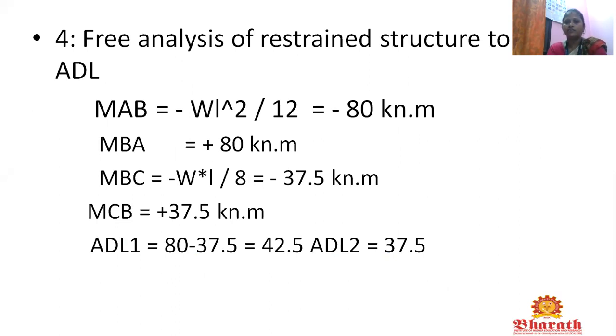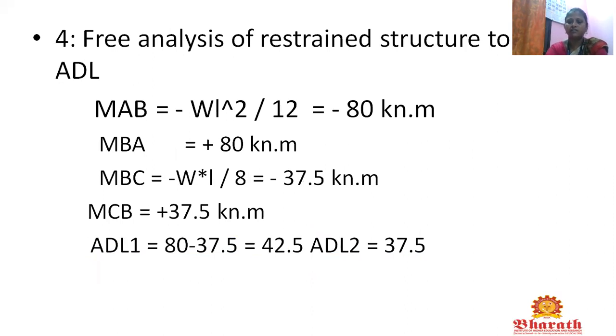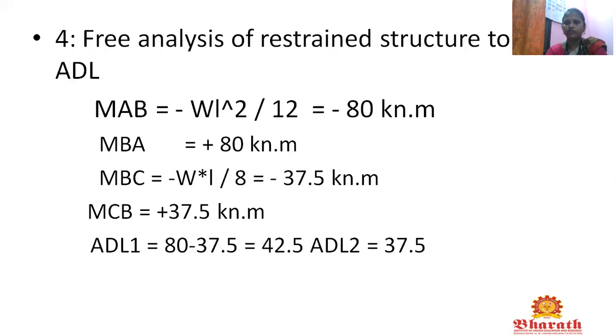We substitute the load given in your problem, that is 60. So 60 into, what is L? 4 meters. So 60 into 4 square divided by 12, you'll be getting minus 80 kilonewton meter.